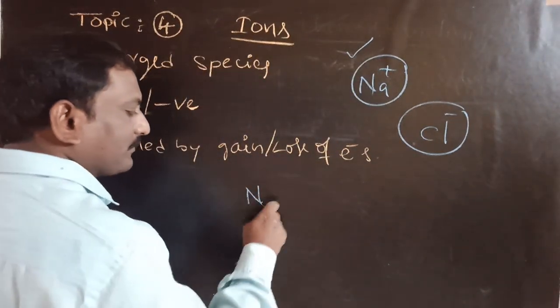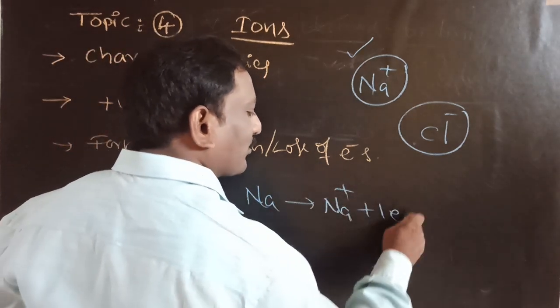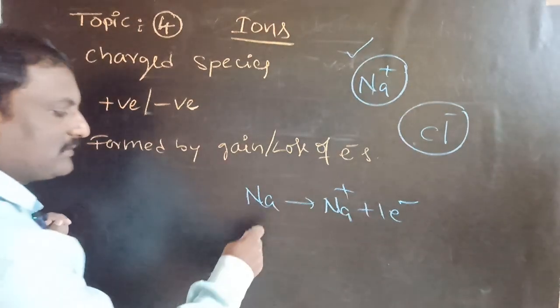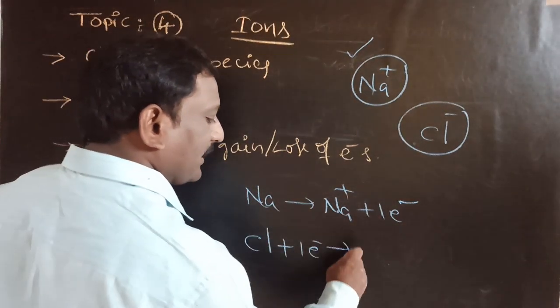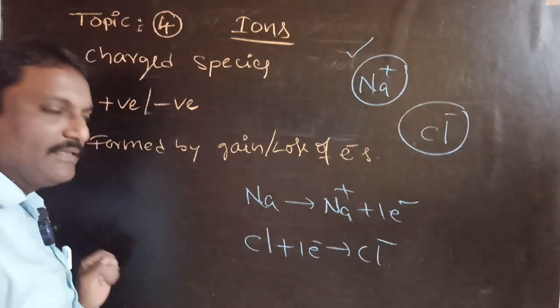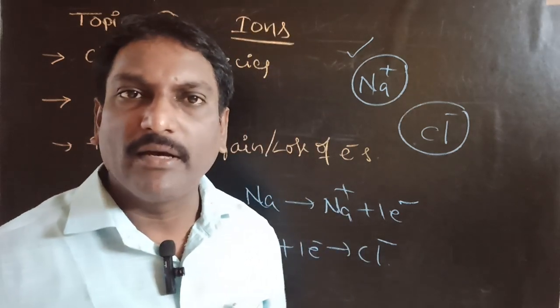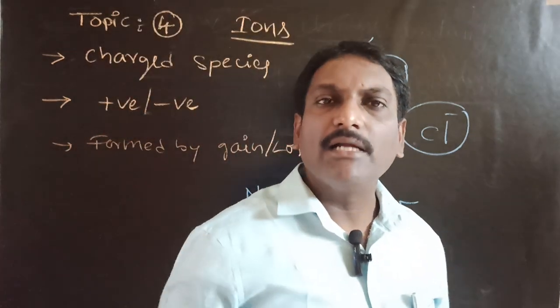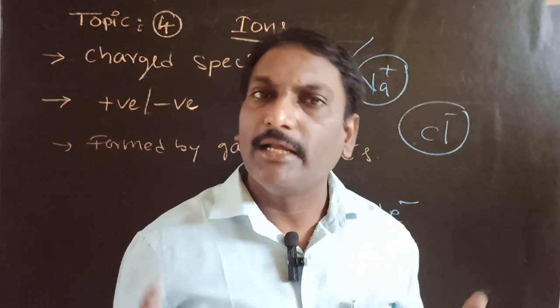Here sodium gives sodium ion by the loss of one electron, whereas chlorine gives chloride ion by the gain of one electron. That means the general statement regarding formation of ion is that generally ions are formed by the gain or loss of electron by the element.